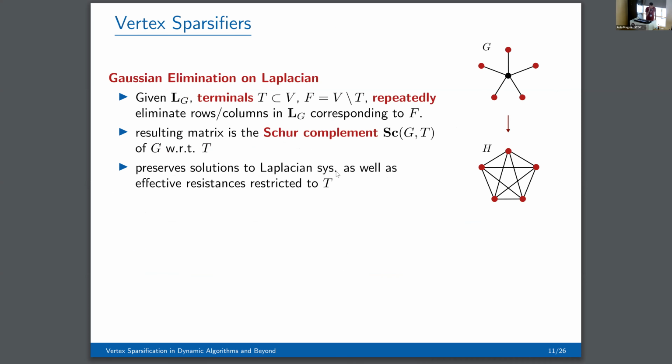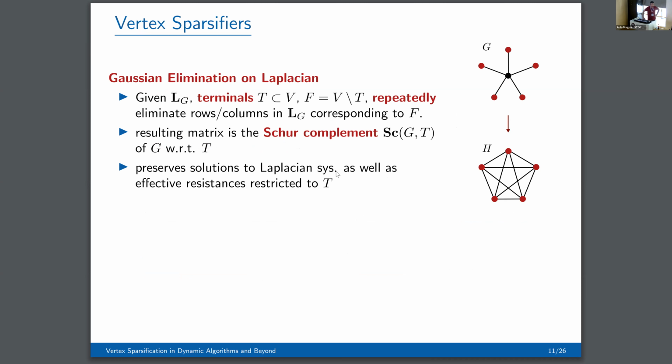Okay, so let's talk a bit about vertex sparsification. This slide might be a bit dense, but actually it's not hard at all. Throughout the talk, I will omit weights, so maybe this clique that you see over here is weighted. But let's look at the following algorithm. Let's assume for now I'm given this simple graph, which is just a star. I have one non-terminal vertex, this black vertex that you see in the star G, and I don't care about this one.